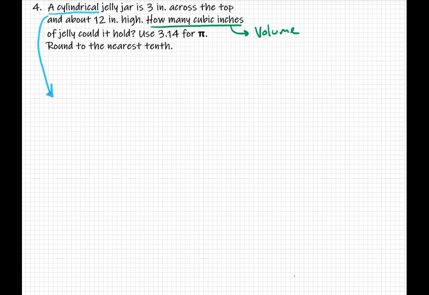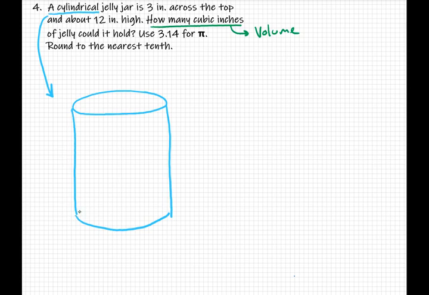Okay, so let's come down here and draw a little cylinder, and we'll work with this. So something like this, and maybe make it three-dimensional. Okay. Now, what do we know?